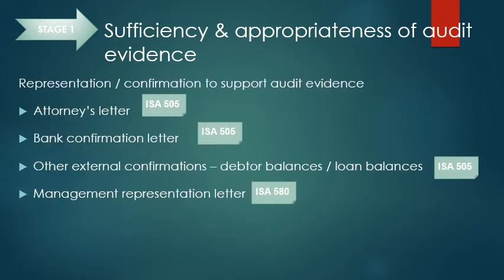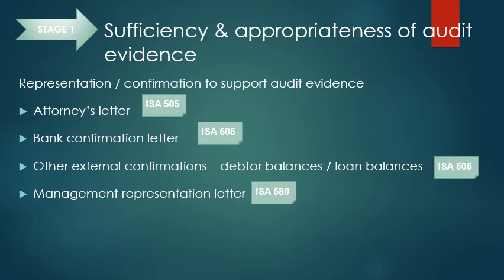There are certain representations or confirmations that support your audit evidence, and here are some examples of these confirmations. You could have an attorney's letter to confirm whether or not there are any outstanding cases on your client, and that is guided by ISA 505. Every audit file usually has a bank confirmation letter, and this confirms your bank balances and any other information relating to your bank accounts, also guided by ISA 505.